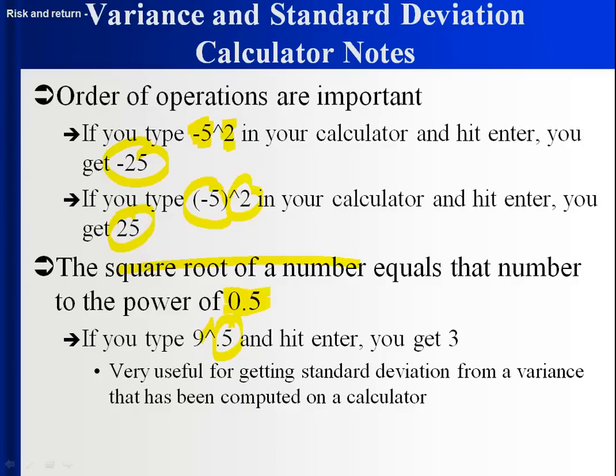If you do your work on variance and then you say I want to use the square root function, then you either have to write it down or store it. You activate the square root function, then type in the variance, hit enter, and it'll give you the square root. But if you have the variance because you've already worked through it, and you just take it to the power of 0.5, you'll get the square root that you want.